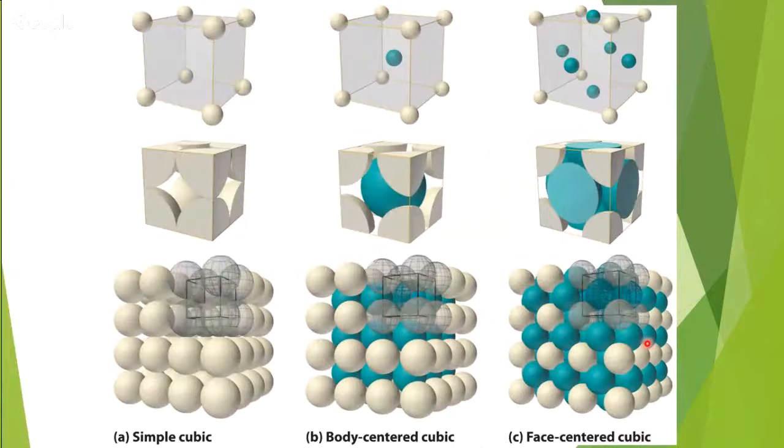So let's take a look at some of the simple structures and some unit cells and talk about how those fit together. On the left here is a simple cubic structure. A ball and stick model is at the top. A space filling model is shown in the middle.